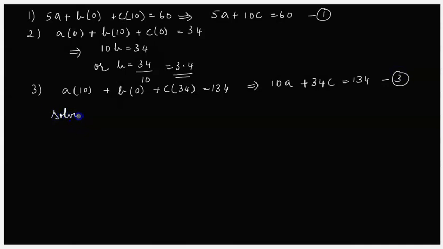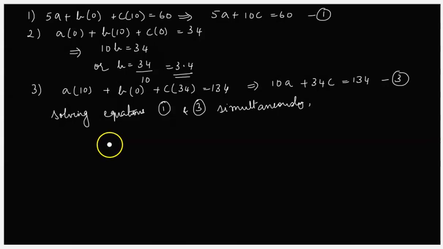So next, solving equations 1 and 3 simultaneously. I'll write the equations one below the other. So it is 5a plus 10c is equal to 60 and 10a plus 34c is equal to 134.